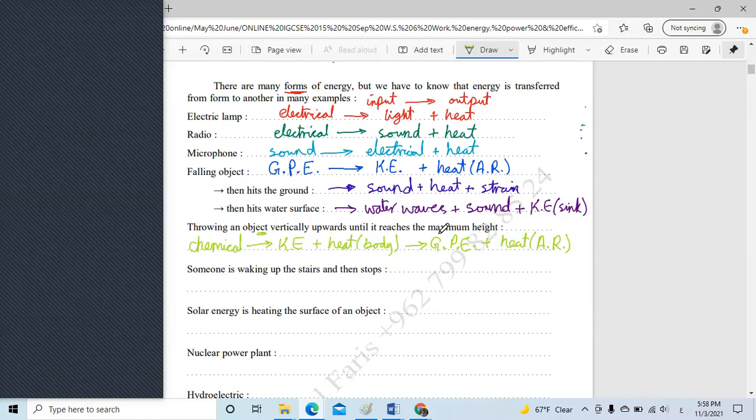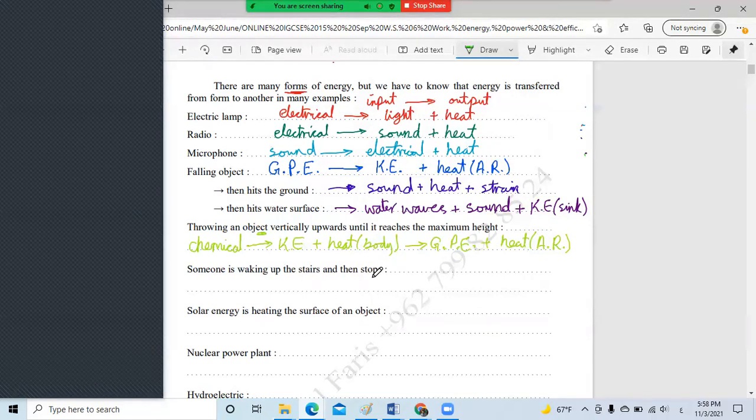Next, we are going to talk about another example. Someone is walking up the stairs, then stops. What was the energy inside your body to go up the stairs and eventually stop? It is chemical.